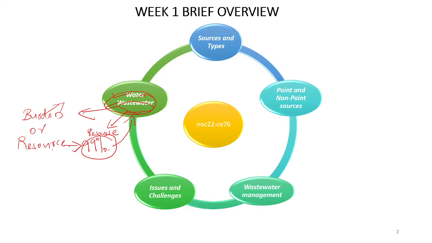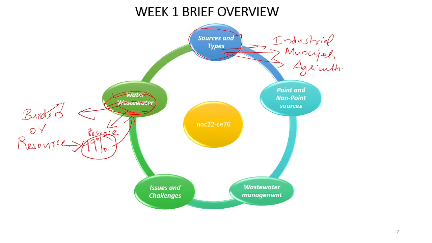And also in the first week lecture, you would have come across the various sources and types of wastewater. Various sources of wastewater include all day-to-day activities, our household activities, industrial activities, then agricultural purposes, etc. Types of wastewater, mainly in this week 1 class, you would have learned 3 types: industrial, then municipal, and agricultural.